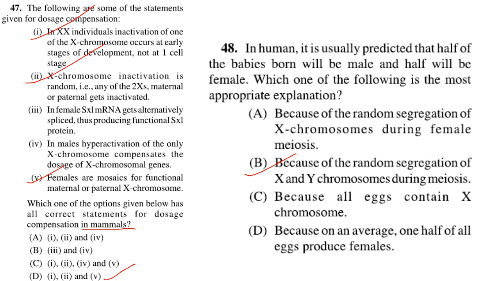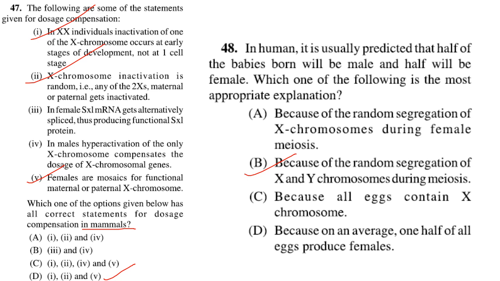That is not correct because in female, SXL mRNA are alternatively spliced due to the action of SXL protein. So third is not correct. Then in males, hyperactivation of the only X chromosome compensates the dosage of X chromosomal gene. That happens in Drosophila, not in mammals. The question is for mammals. Then females are mosaics for functional maternal or paternal X chromosome. That is also correct. So the answer is D, that is 1, 2 and 5.